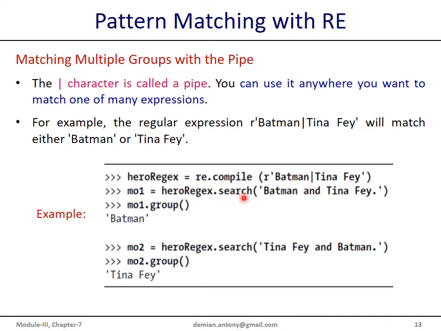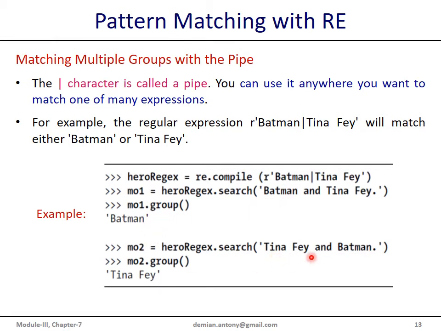And then we search with the help of the search method, and if we retrieve the result of search with group, we get the first match, that is Batman. Even though there is a second match, the search will always return the first match.